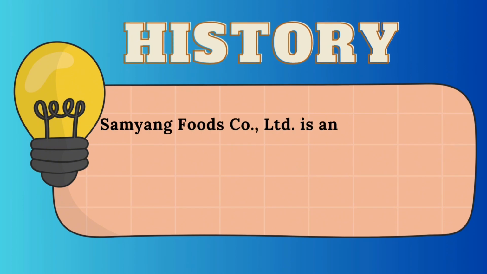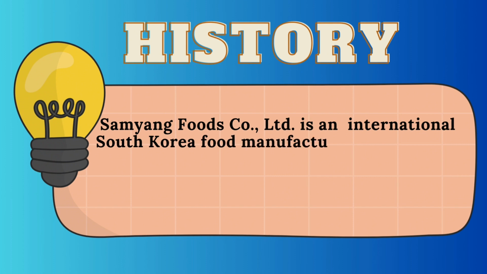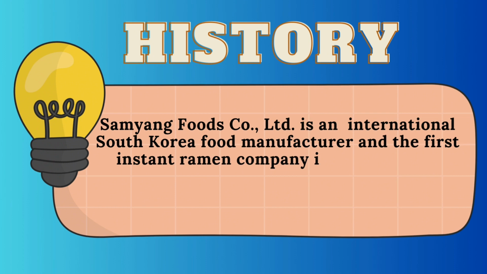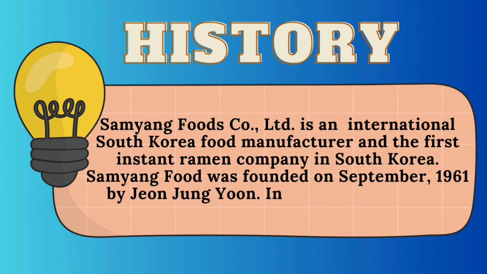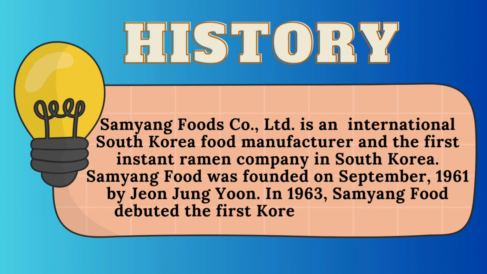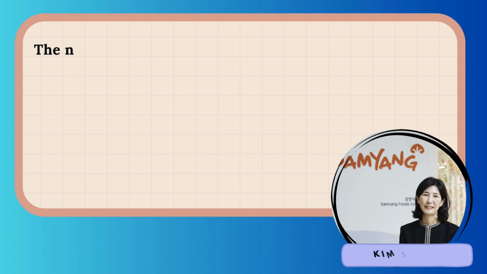Samyang Foods Co. Ltd is an international South Korean food manufacturer and the first instant ramen company in South Korea. Samyang Food was founded on September 15, 1961 by Jun Jung-yoon. In 1963, Samyang Food debuted the first Korean instant noodle.